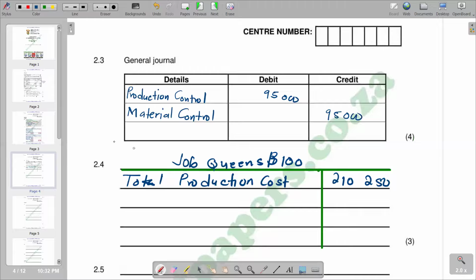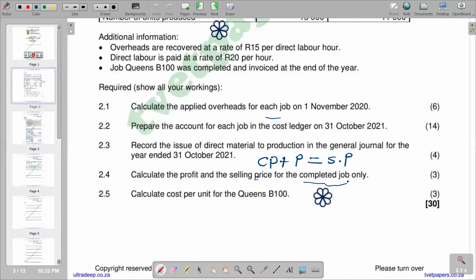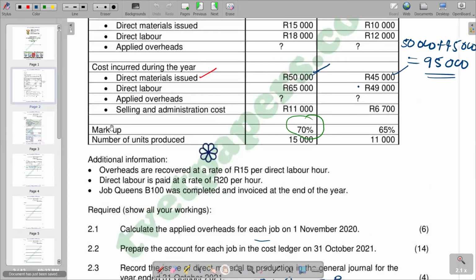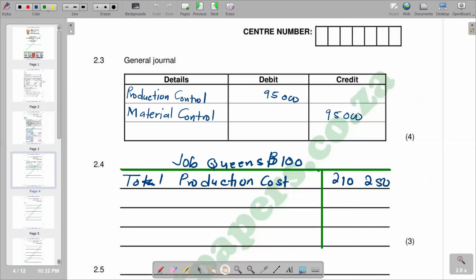And then we add the other cost that we have, which is selling and administration cost, 11,000.